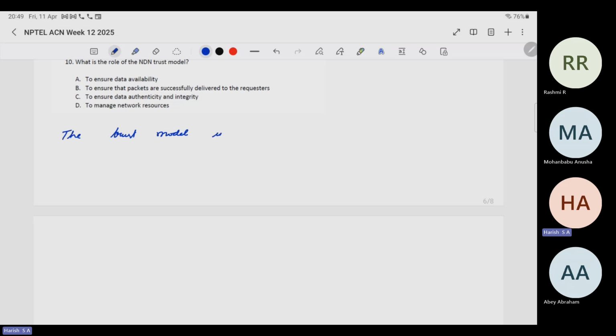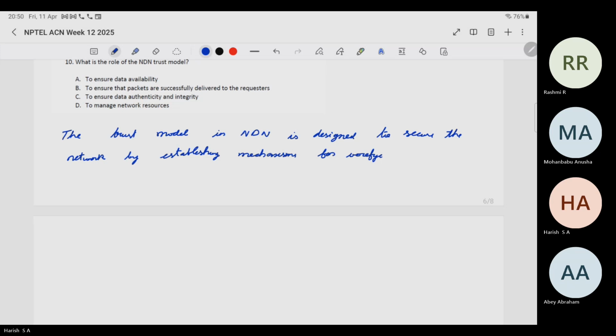The trust model in NDN is designed to secure the network by establishing mechanisms for verifying data.